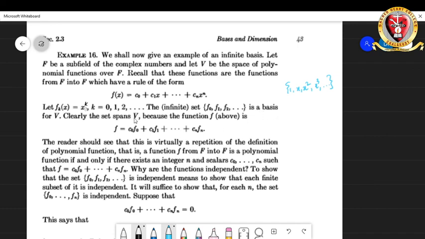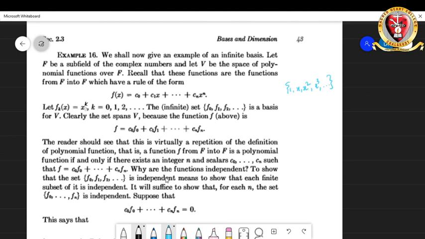We are saying the set sitting here is a basis of V. Clearly it spans V, because every polynomial can be written as a linear combination of these.